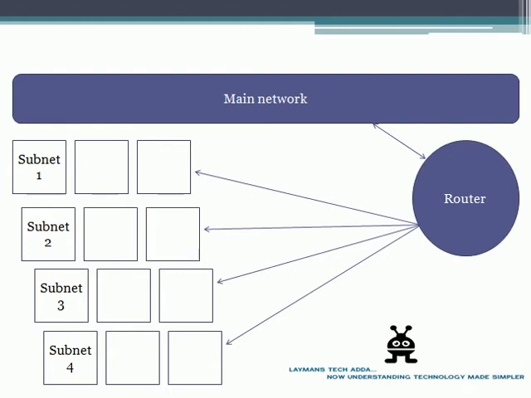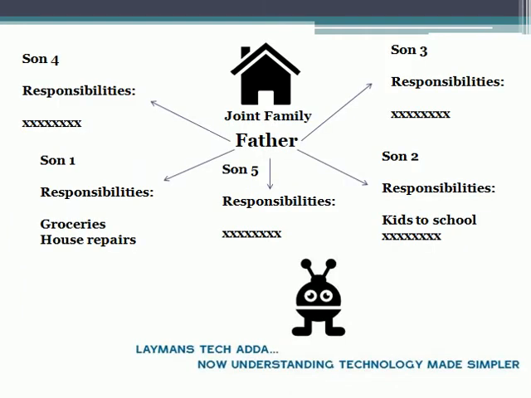But what if the work is divided among others in the family? Let's say the first son is given the responsibility of groceries. The second son is given the responsibility of repairs around the house. So, likewise, if all have a specific daily course to take care of, the house is well managed, isn't it?